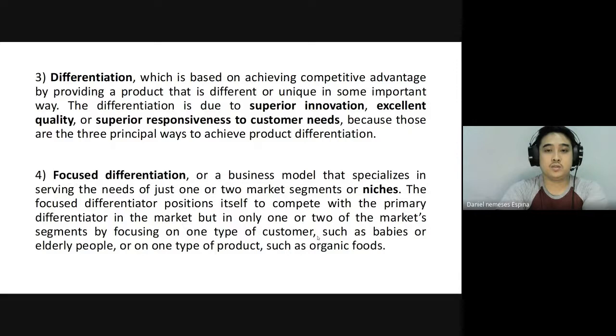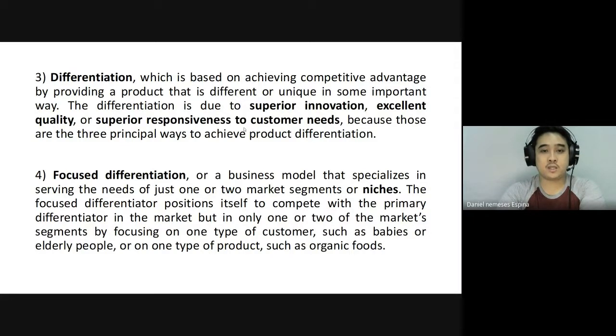Okay? So, for example, Apple products, they are not implementing the cost leadership strategy. As we know, they are using differentiation. So they are focusing their business operation towards producing innovative gadgets, delivering quality products, and of course superior responsiveness to customer needs.